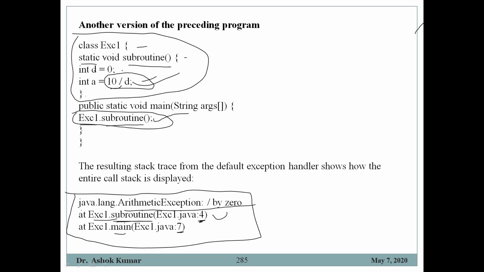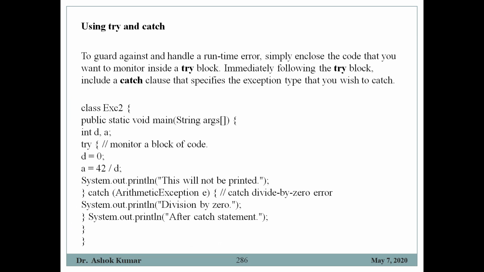This method was called from main, and in main it was called at line number 7. So this kind of detail you will get when you are not handling the exception, and your program will come to an end abruptly, right, where the exception is generated. So how you can handle such exceptions, we are going to discuss.